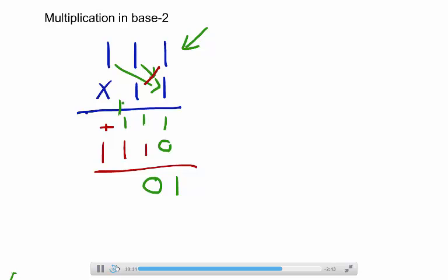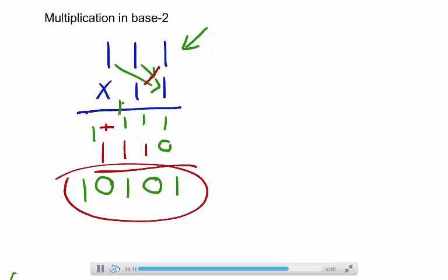So in other words, we have a group of 2 to carry with 1 left over. Then we have 1 plus 1, which is a group of 2. So we're going to write the remainder as 0 and carry that final group of 2. So we have 111 times 11 equals 10101.